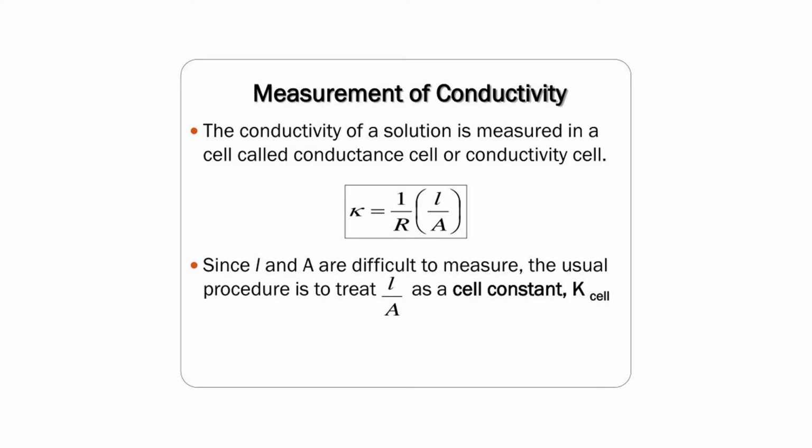The unit of the cell constant: here L can be represented as centimeter and A as centimeter square. So centimeter gets cancelled, and the unit of cell constant is centimeter inverse, or meter inverse.